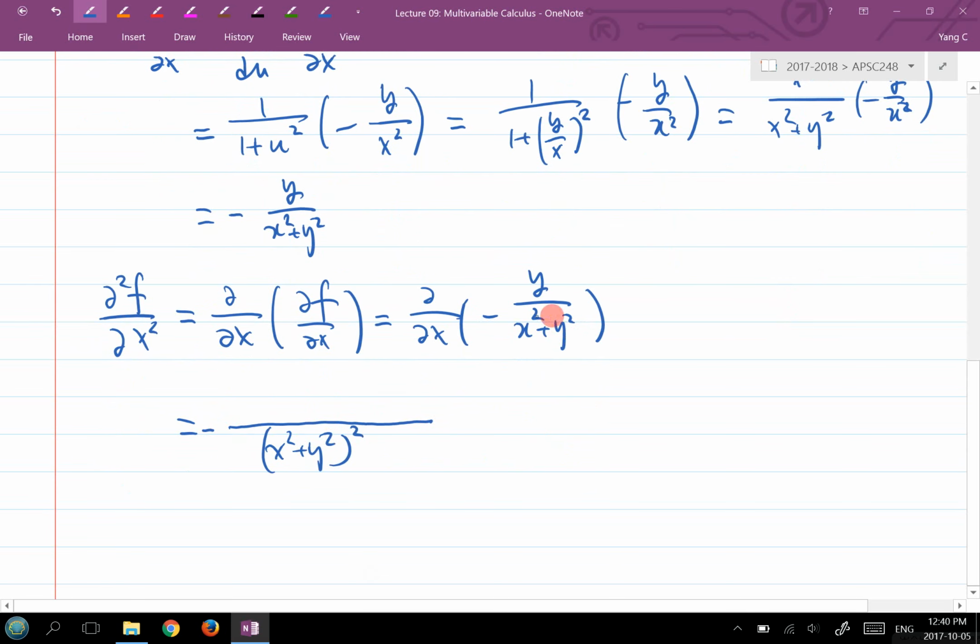So this is basically like a u over v, quotient rule. Bottom here is v squared. And then at the top here, the quotient rule basically says like this. Well, except that the u here is y. So when you take a derivative here, you're not taking y's derivative.